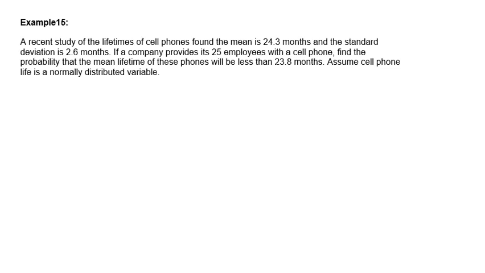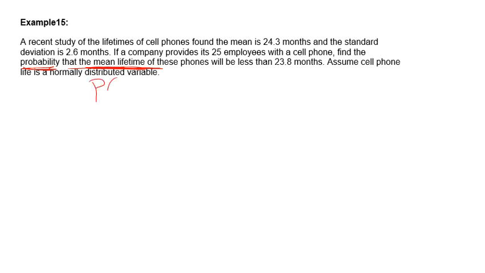Problem 15. Again, pause the video, read the problem, then get back with me. All right, for this problem, we are being asked the probability of the sample mean, okay? We took a sample and we're looking for the probability the sample mean will be less than 23.8.